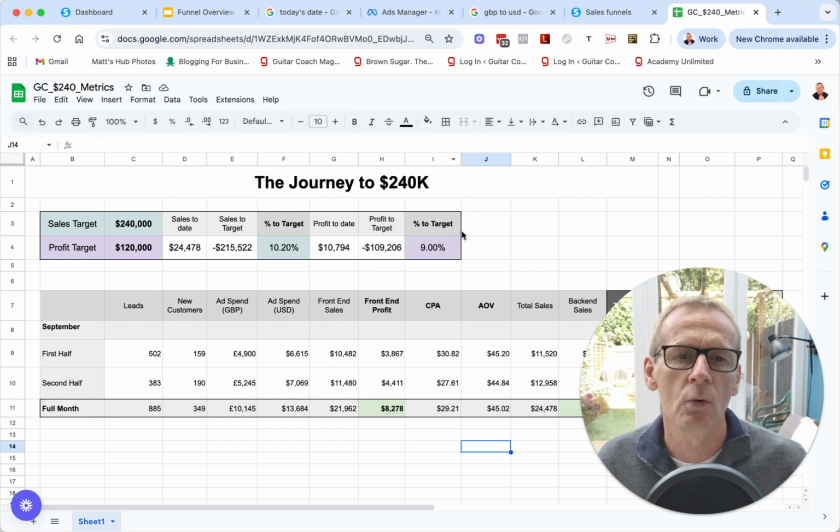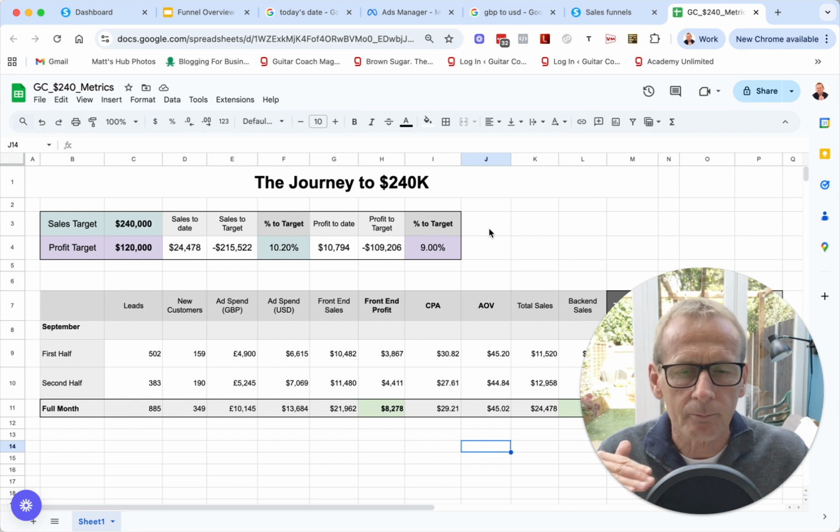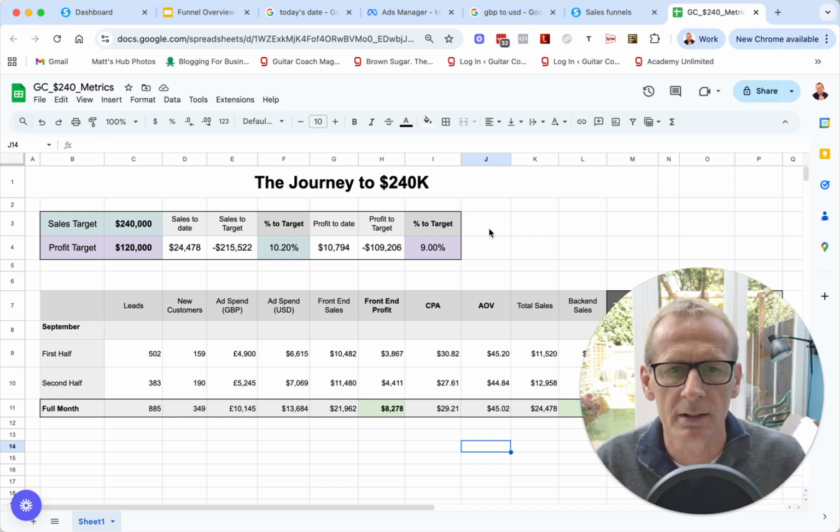We want the sales and profit to track equally, or if anything, we want the profit number to be higher than sales if possible.